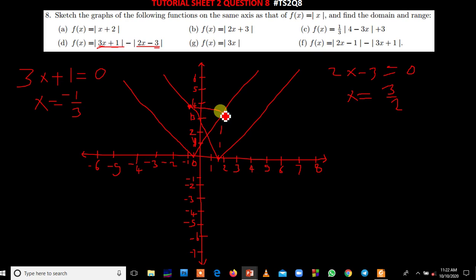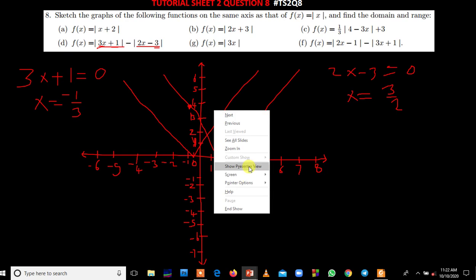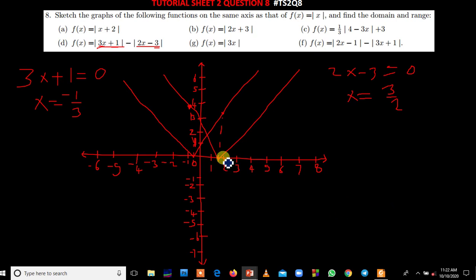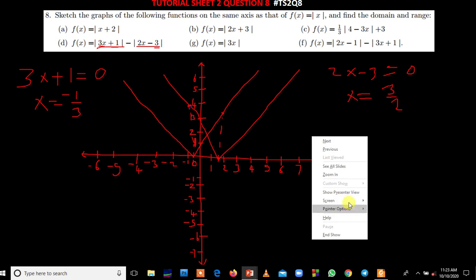Okay, what I'll do is, let me just change the color of this. Okay, so, oh sorry, blue will not be seen. Let me just use white.